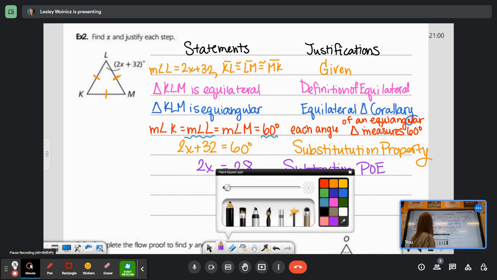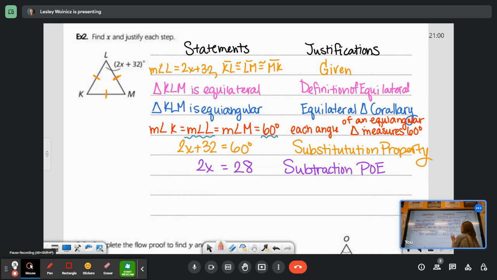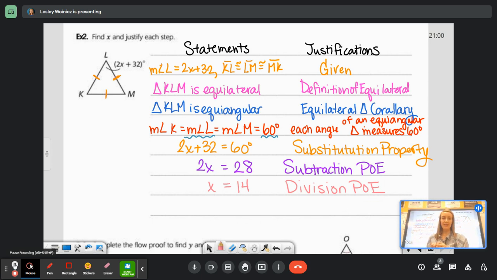Last, we divide both sides by 2, and we get x equals 14, and that was with the division POE. Ta-da! Okay, we did it. Don't worry that we have an extra line. Sometimes they just give us an extra one because I forget how to do it the fastest way, and I need an extra line. So it was just on there just in case.